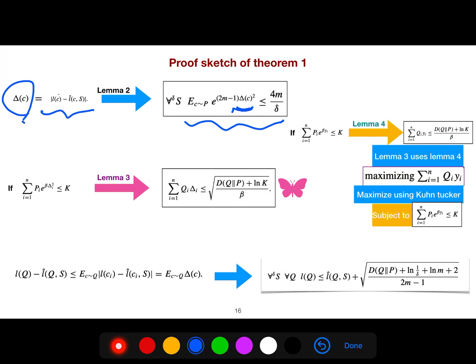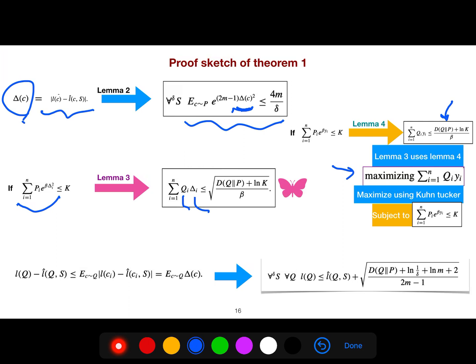Then we have lemma 3, which says if this holds, then your posterior times all of these delta_i, because we have n different concepts, n different hypotheses, all of them are bounded by this. Using lemma 4, we can relate those Q_i to D, the KL divergence between Q and P. And we maximize it to have a better generalization.